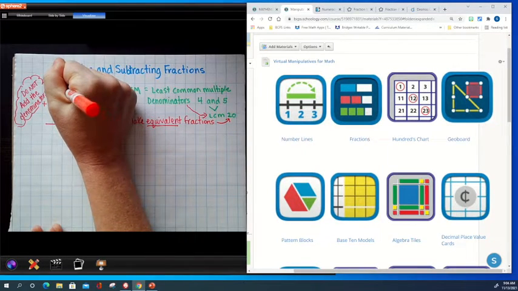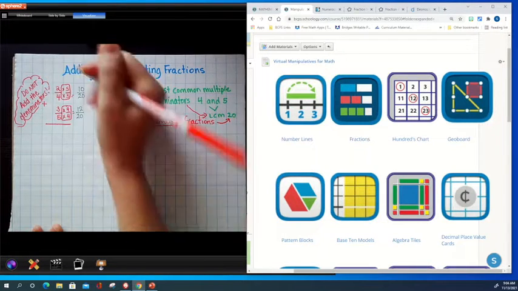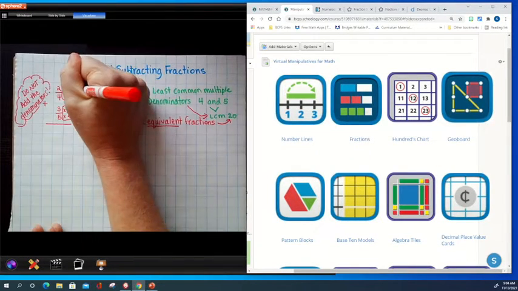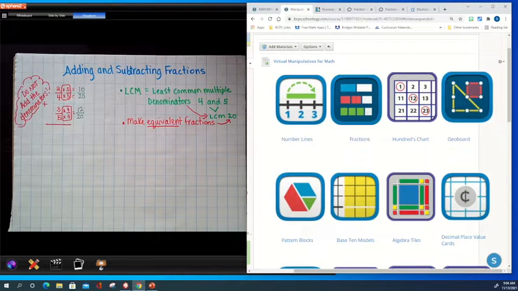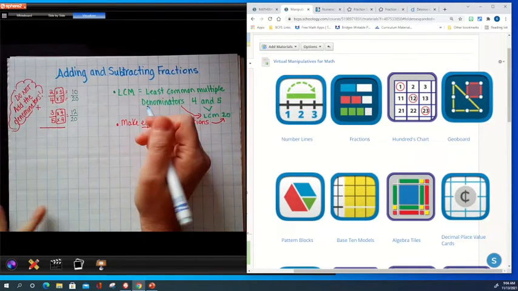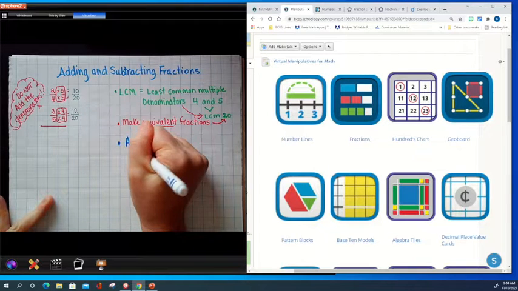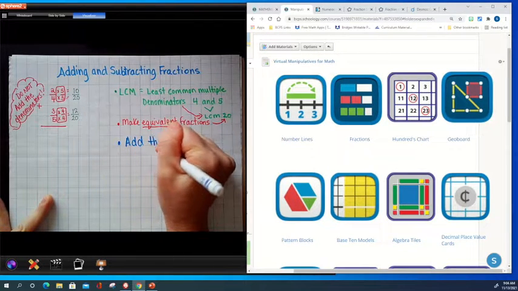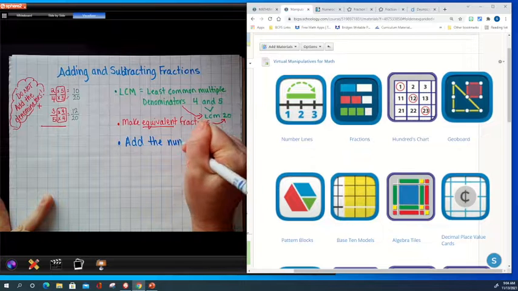Remember, the numerator and the denominator have to be multiplied by the same number because that is the same as 1, and 2 times 5 is 10. Okay, so now we have equivalent fractions. We're good. The next step is to add the numerators. Remember, we're not adding the denominators.